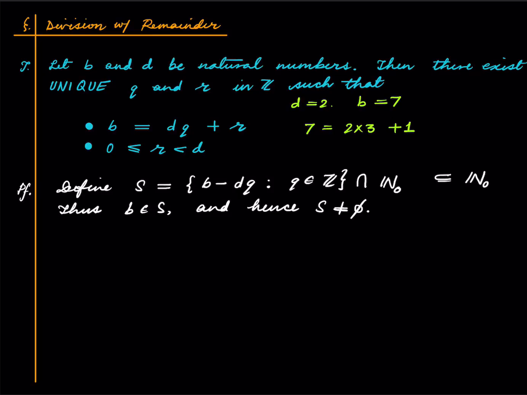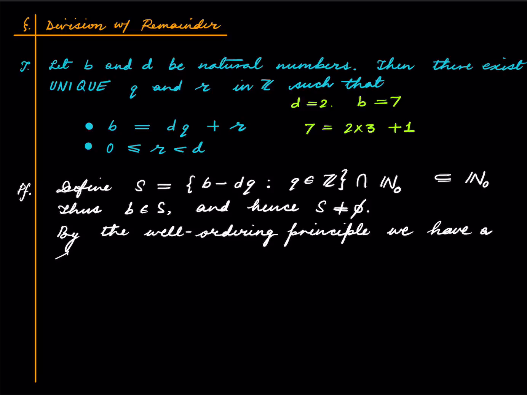And now, by the well-ordering principle, we know that we have a smallest element, call it R, in S.